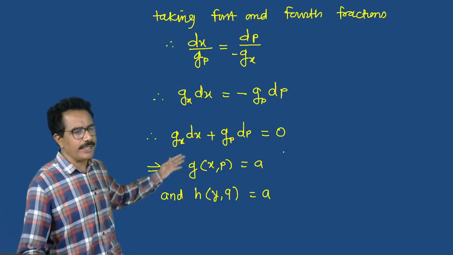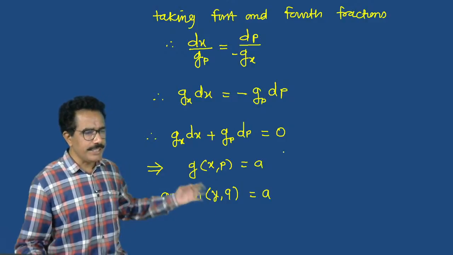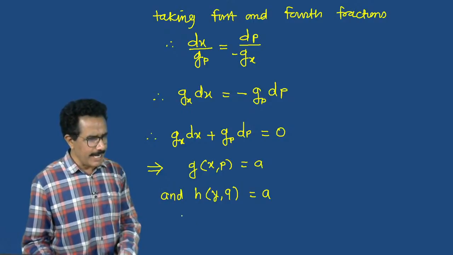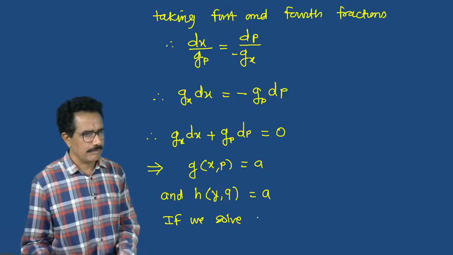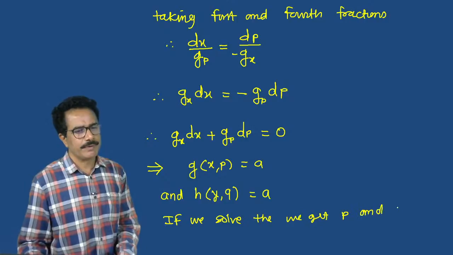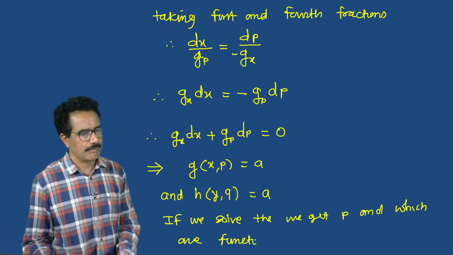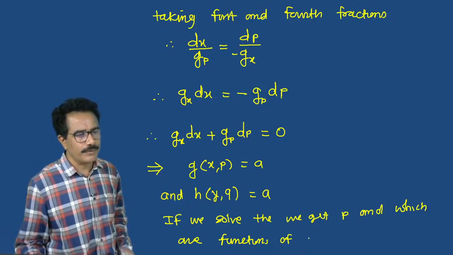So now how can we write this? This is a function of a, this is a function of x. So we can write in this way, if g is x comma a in terms of x, this implies that from this equation, if we solve, then we get p and q, which are the functions of what is that?